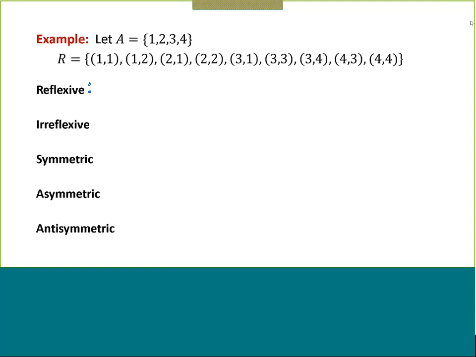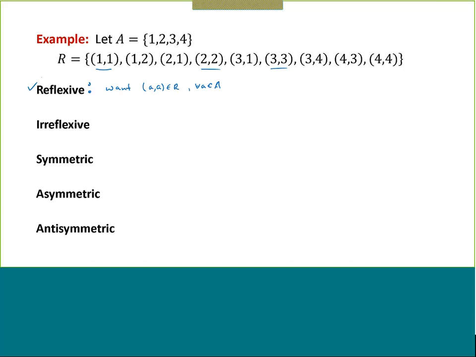We want all of the ordered pairs in the relation for all of those building elements from our set A. Yep, we want all those ordered pairs (1,1), (2,2), (3,3), and (4,4). So, yep, we are reflexive. And I'm just going to put a check mark there because that's easy.